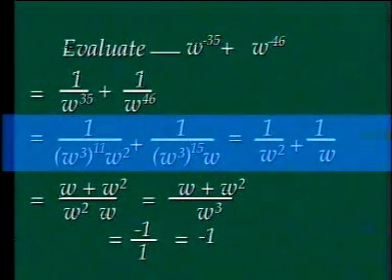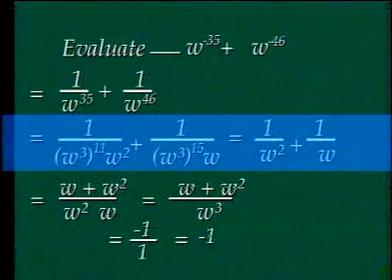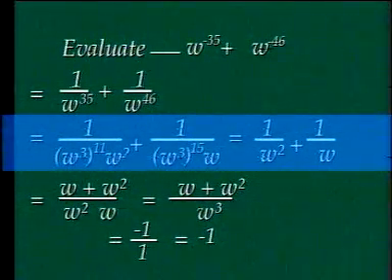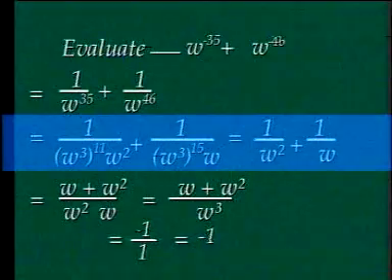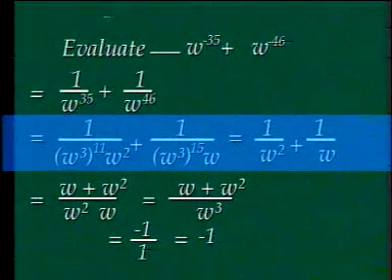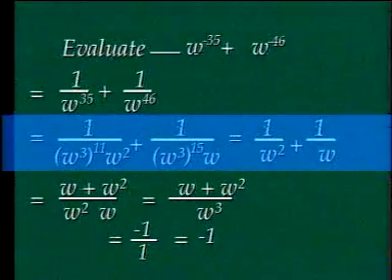Then similarly we will use the property of omega cube, that is 1 power 11 into omega square, that is 35. 11 into 3 is 33 and omega square will be 35. Similarly, 1 over omega, 3 power 15 into omega. 3 5s are 15, 45 and 1 is 46.